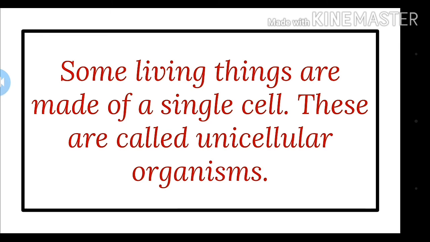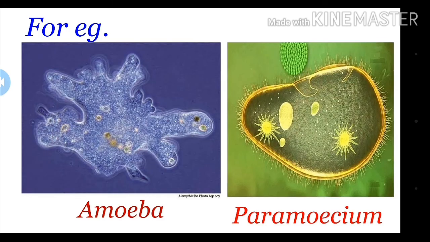Now, we learned that there are many cells that form human beings and all living things. But there are some organisms which have just one cell. For example, amoeba and paramecium. Amoeba and paramecium are two unicellular organisms.